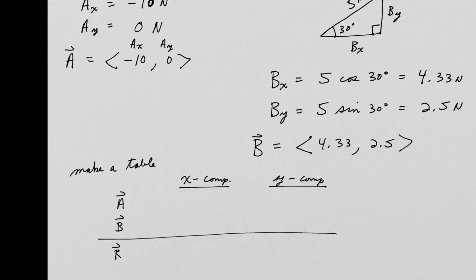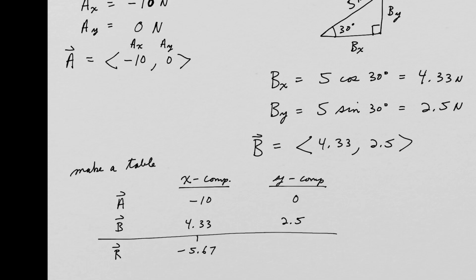So what's my x component of A? Well, that was -10, and my y was 0. And in B, my x component was 4.33, and my y was 2.5. So now to add the components together just means add down the column, right? So for the x component, if I add -10 plus positive 4.33, I'm going to get -5.67.